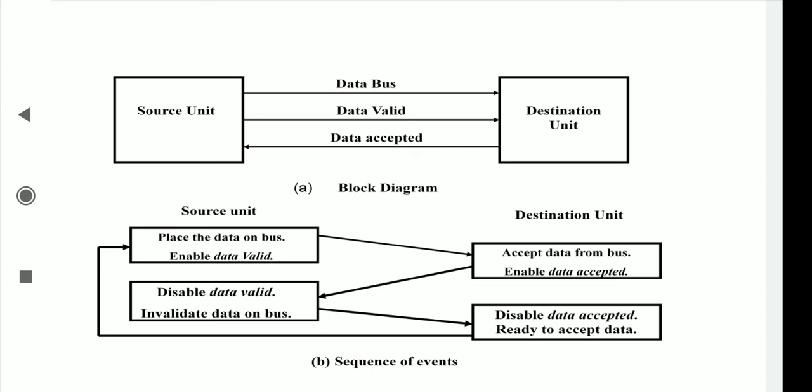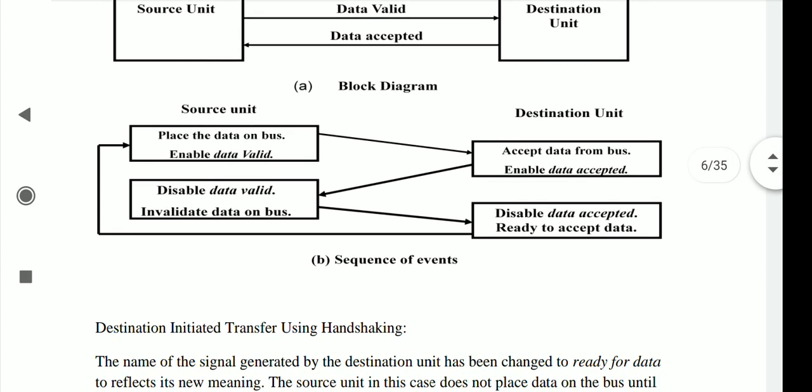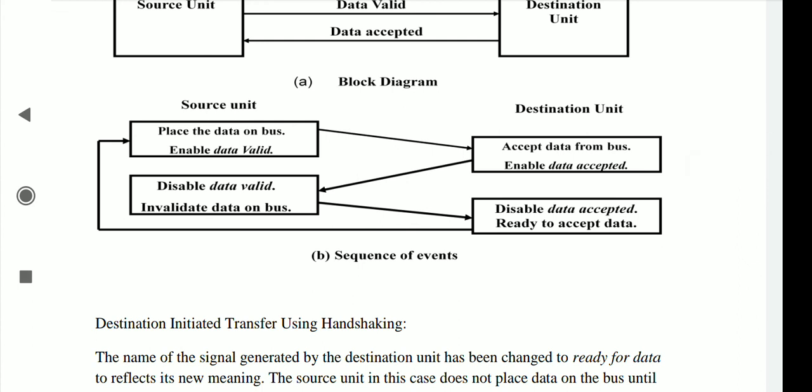The data bus and data valid line are unidirectional, and the data accepted line goes in the other direction, from destination to source. Before data transfer, first of all, the source unit places the data on the bus and enables the data valid request to the destination unit. Then the destination unit accepts the data request for transferring the data.